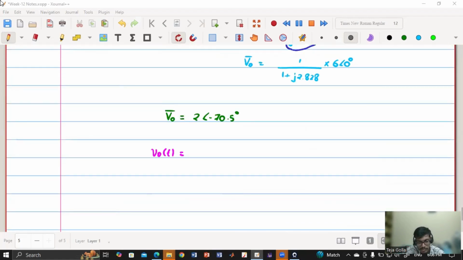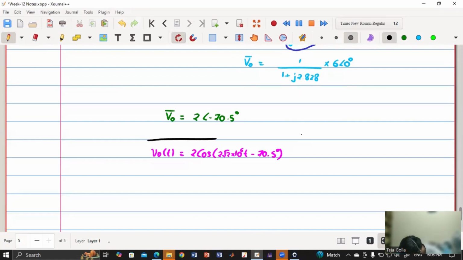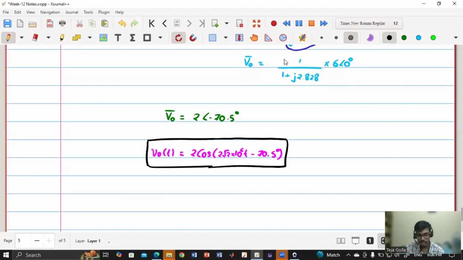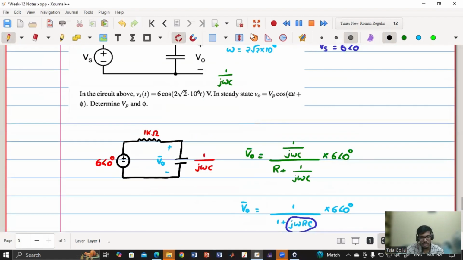Directly give me the expression. 2 cos omega t minus 70.5 degrees, where omega is 2 root 2 into 10 to the power 6. So this is the overall expression. It is very simple. We have not derived or solved the differential equation.